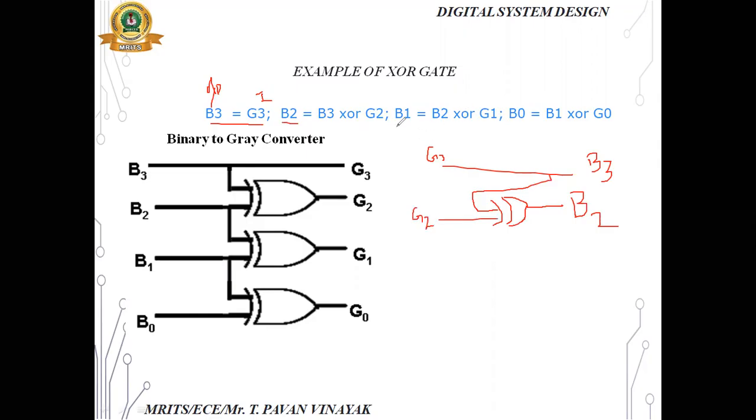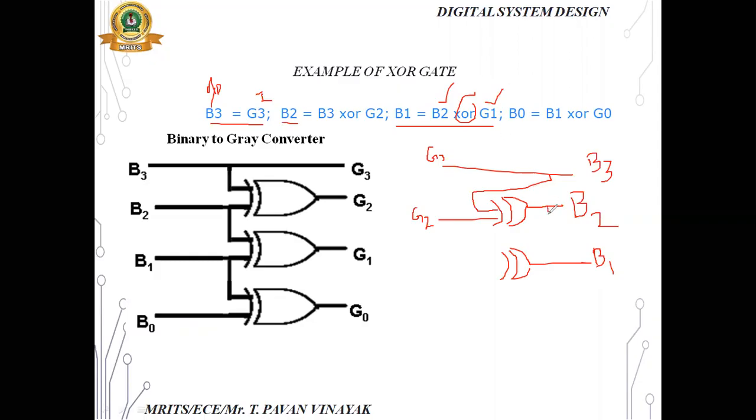Next, take one more XOR gate. The output of this XOR is B1, so write B1 here. Now the inputs are B2 and G1.